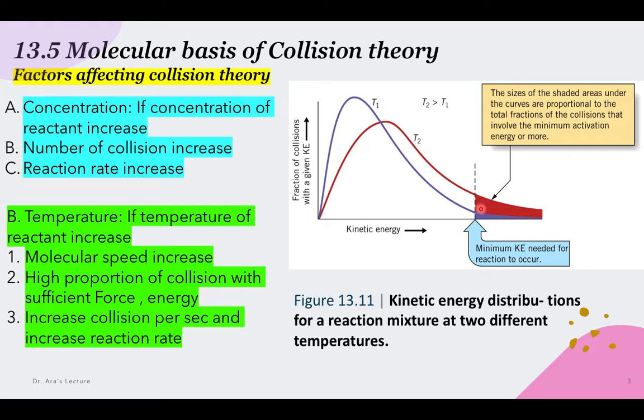So the size of the shaded area represents the fraction of collisions that involve the minimum kinetic energy. So we can tell that this fraction of collisions of reactant molecules has a chance to make a product.